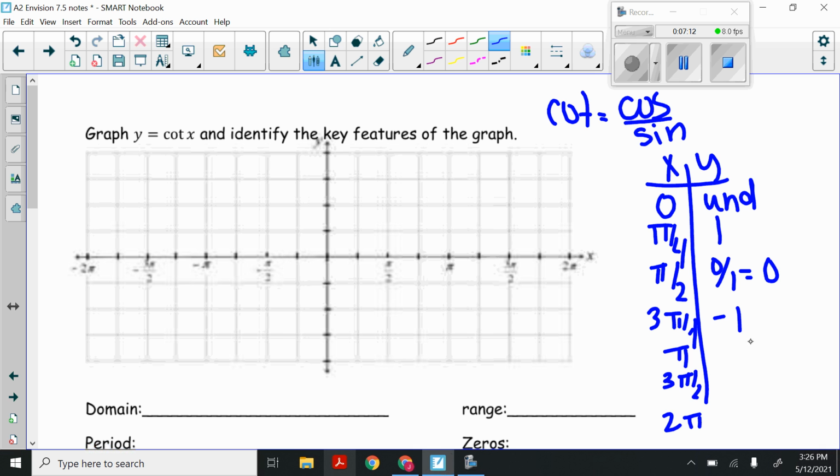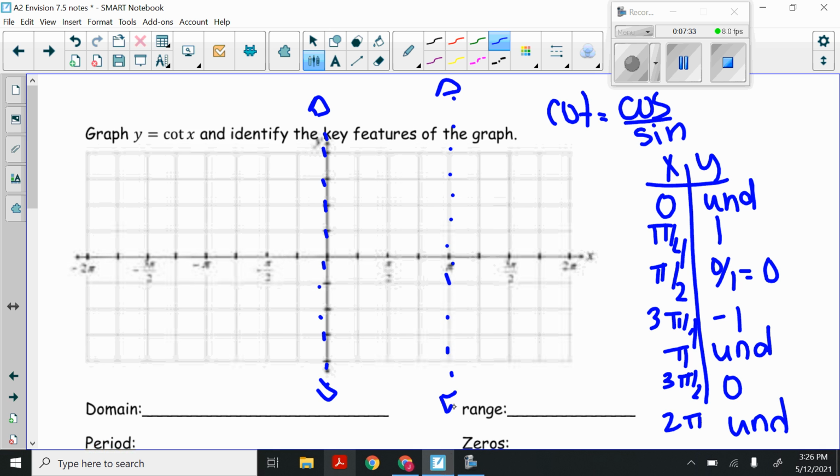At pi, we're undefined. 3 pi over 2, 0. Up to 2 pi, undefined. So at 0, I have an asymptote. At pi, I have an asymptote. At 2 pi, I have an asymptote. So all of our integer multiples of pi, we're going to have asymptotes for cotangent.